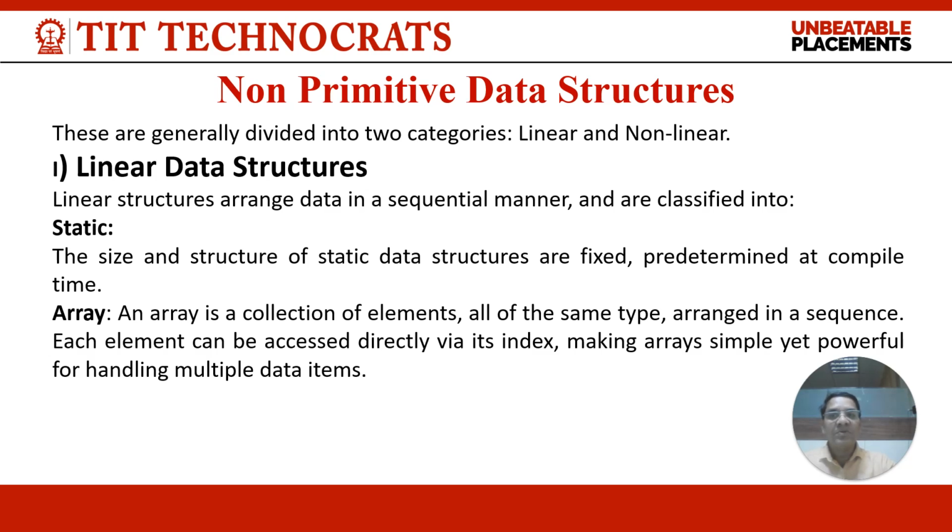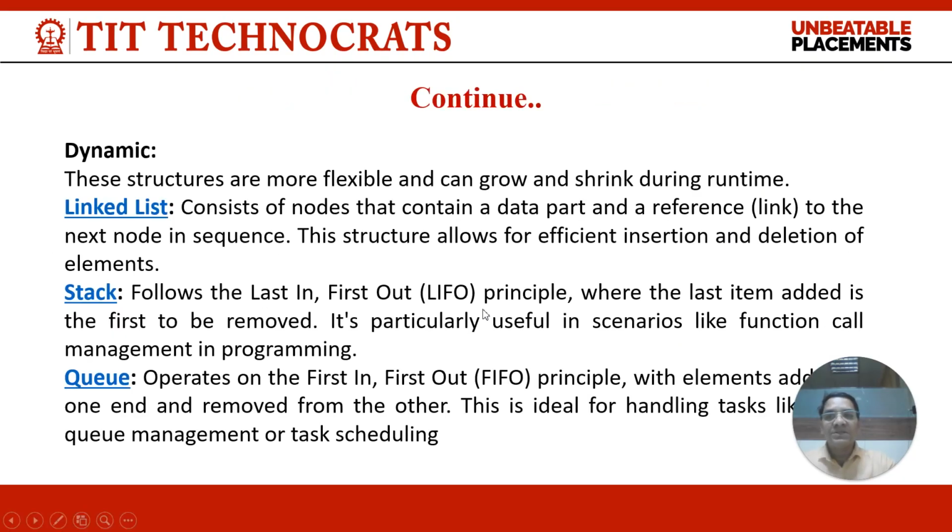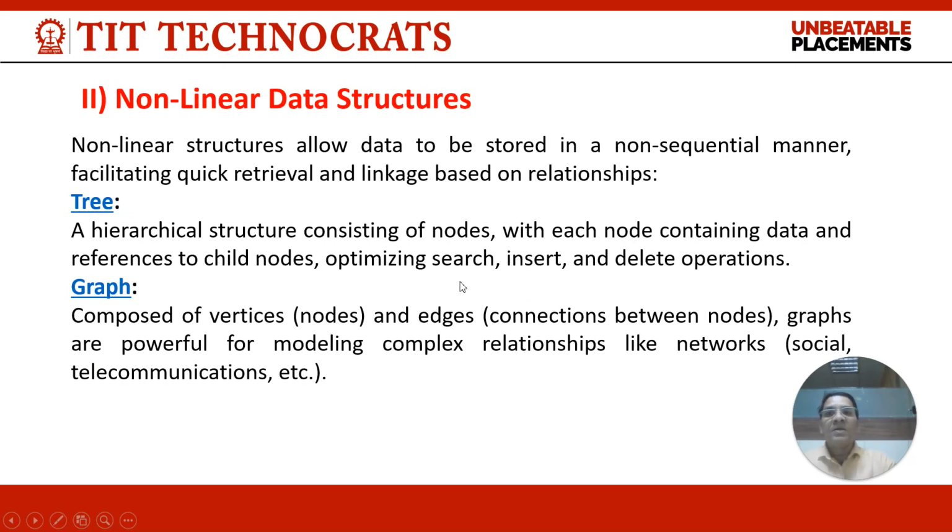Static means the size and structure of a static data structure are fixed, predetermined at compile time. Dynamic data structures are more flexible and can grow and shrink at runtime. The dynamic data structures are linked list, stack, and queue, and the static data structure is array.